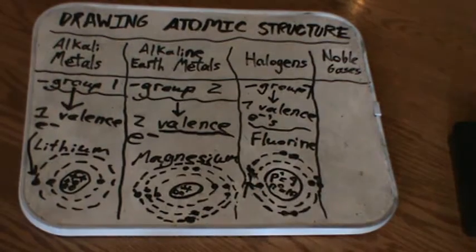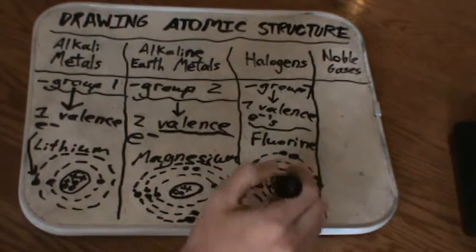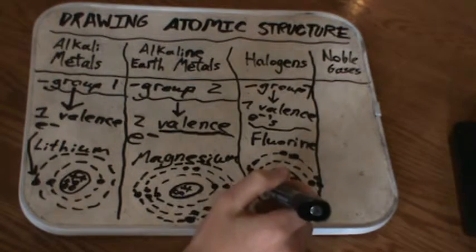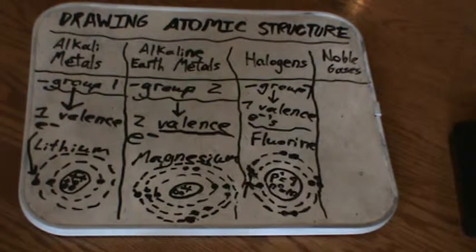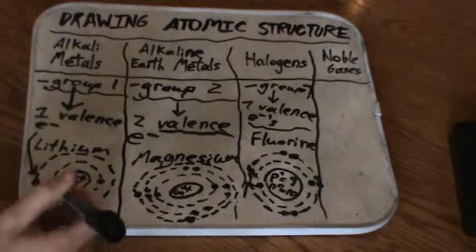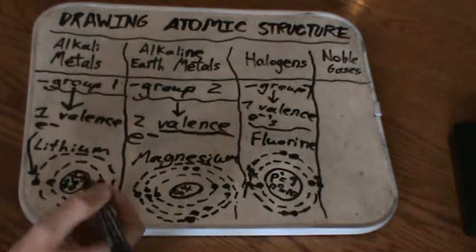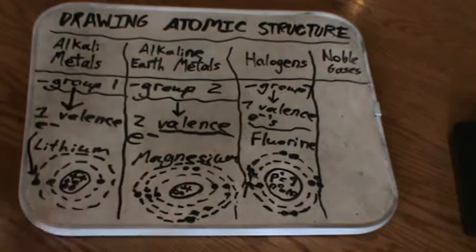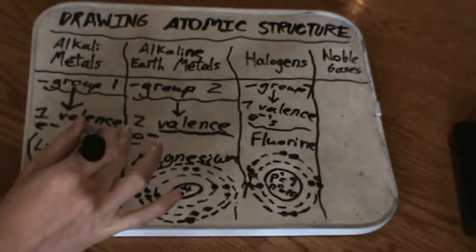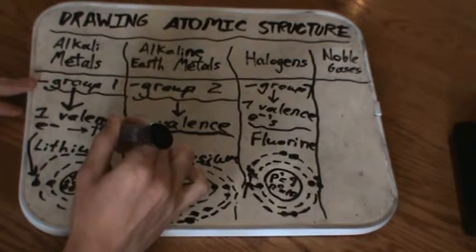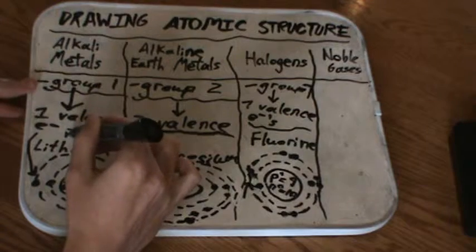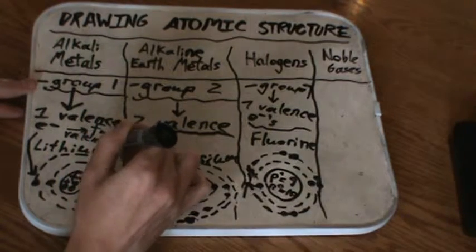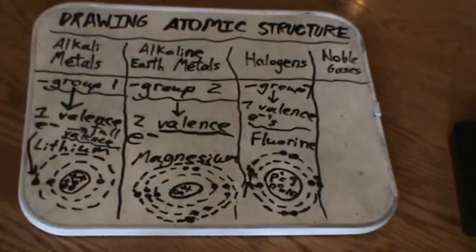It has this energetic affinity, this desire to fill this outer energy level, whereas lithium only has one electron in its outer energy level, so it has a desire to give away this electron, so that there are only electrons in its first energy level, and thus it would have a full valence energy level.